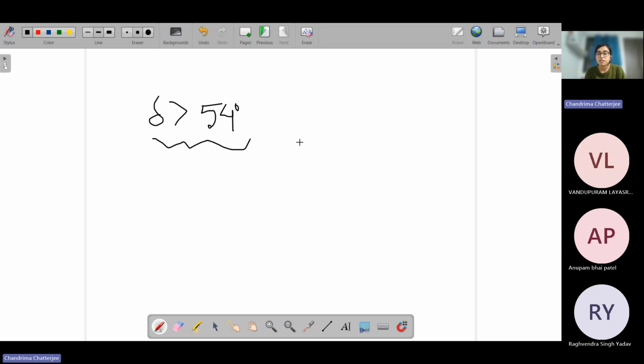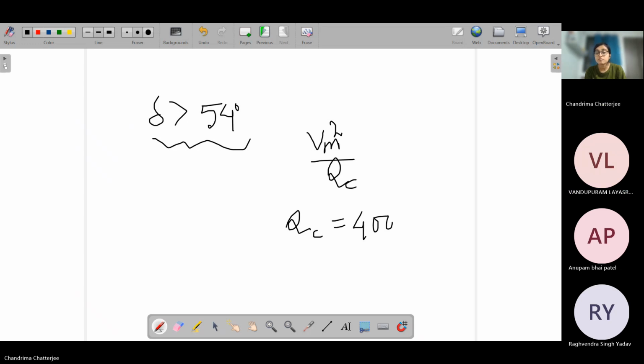Now again the same thing you will have to do. It will be Vm square by QC, but now the QC value will be different. Now QC value is 400, right? So now tell me the answer.